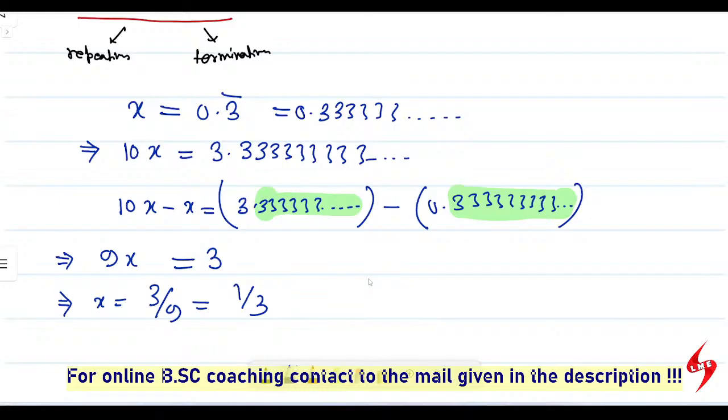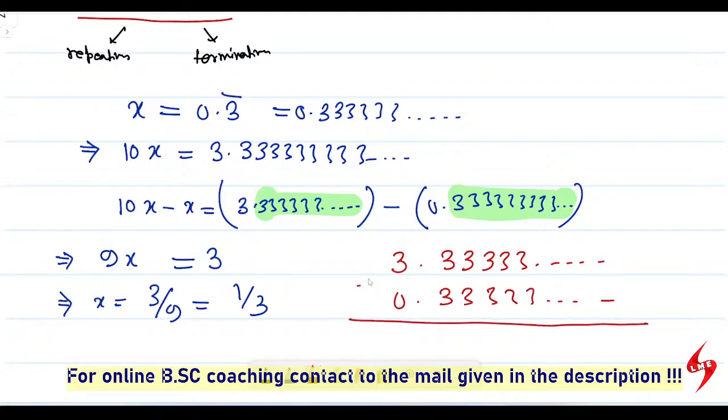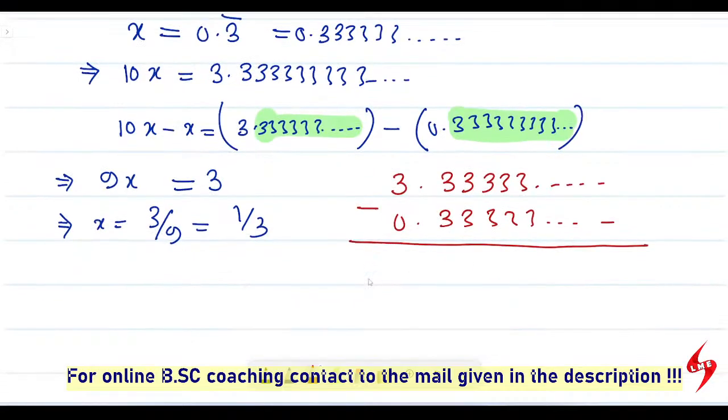I am doing it more expressively: 3.33333 and so on, and here it is 0.33333 and so on. If I do the subtraction, then the decimal part will be deleted because every term is the same and they are infinite terms, so infinite minus infinite will be deleted.